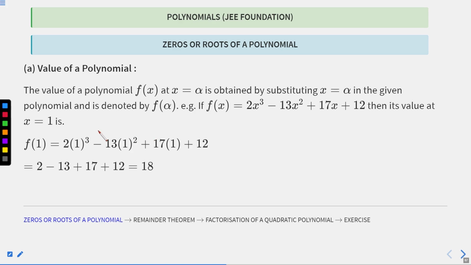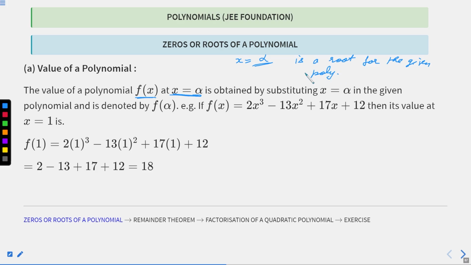Okay, let's see. The value of a polynomial means the value of the polynomial f(x) at any point, say x equals alpha. In the previous slide, we saw x equals alpha, where alpha is a root for the given polynomial.